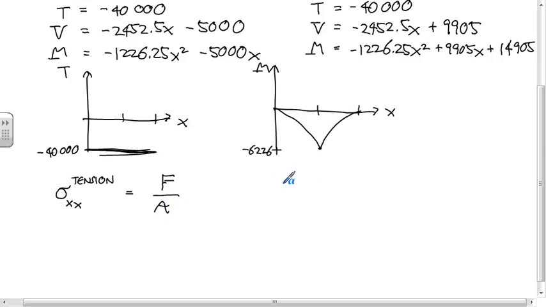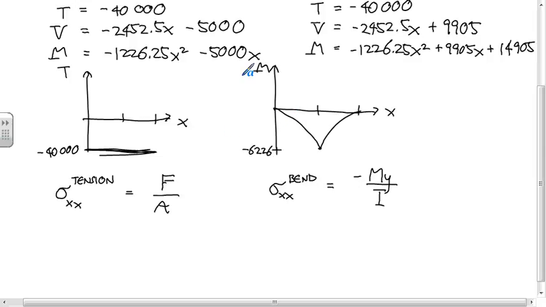And we're going to calculate the XX stress due to bending, and that's going to be negative My over I. Okay? And then we're going to have to think about it a little bit to see at what point we're going to analyze this.